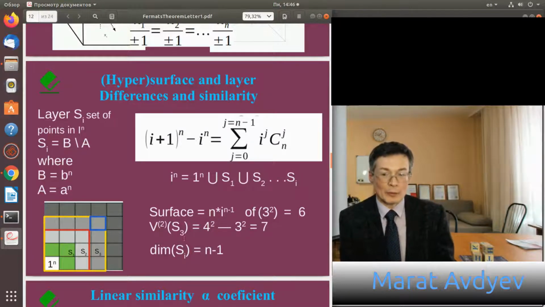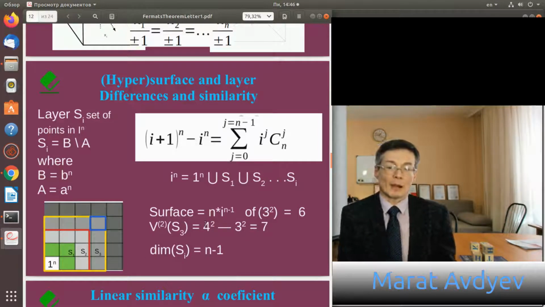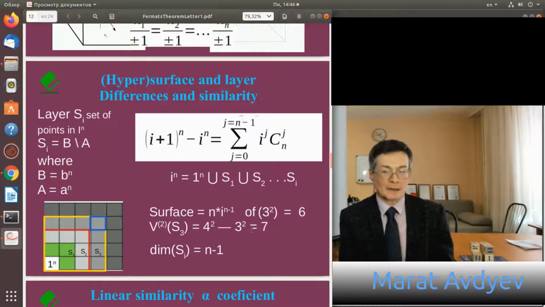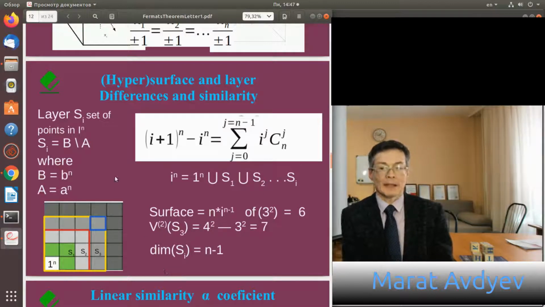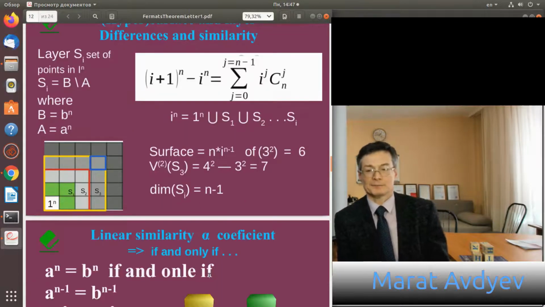The volume of S2 equals S3 equals 4 power 2 minus 3 power 2 equals 7. Here is the difference of one cube, the blue cube. The dimension of the surface is n minus 1, and the dimension of the layer also is n minus 1. Let's go on.